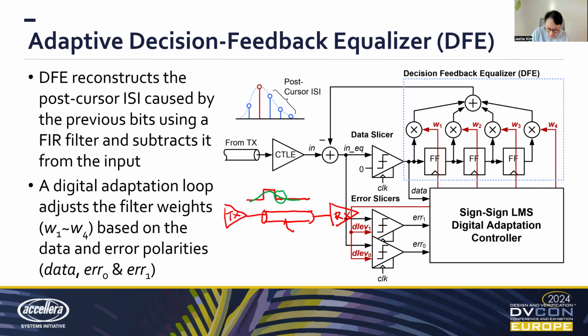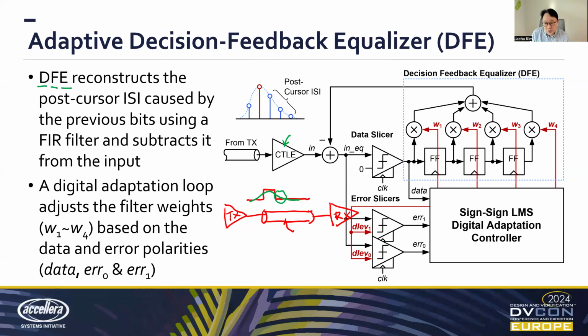For example, you see a CTLE, which stands for continuous time linear equalizer, that tries to apply a linear filter that has the opposite frequency-dependent characteristics to the channel loss so that the channel gain more or less becomes constant across the frequency. When that is not enough, people use another type of equalizer called decision feedback equalizer.